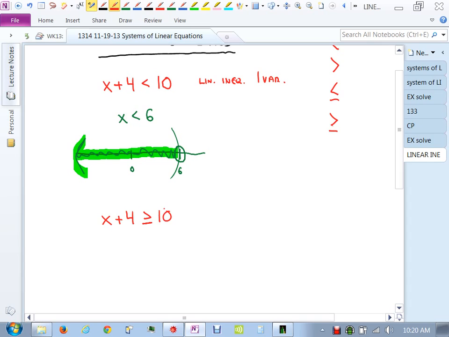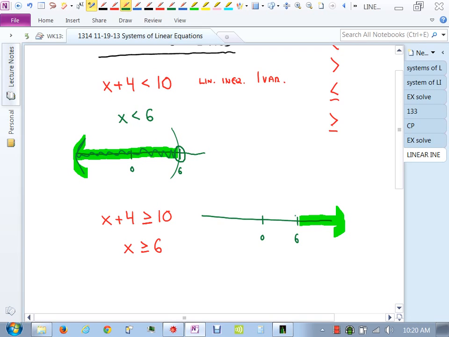Okay, how would this problem change if I did x + 4 is greater than or equal to 10? Greater than or equal to. Yeah, so I still subtract 4 on both sides, right? To get x is greater than or equal to 6. So now my answer looks like this. Here's 0, here's 6. I want everything bigger than 6, and I want to include 6.